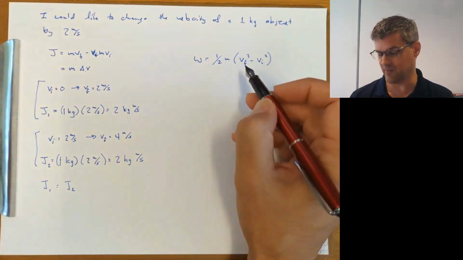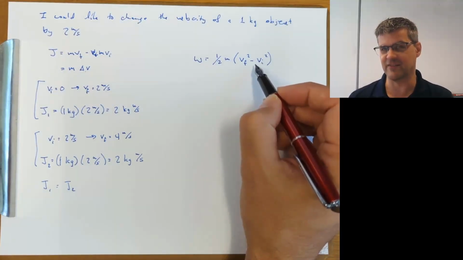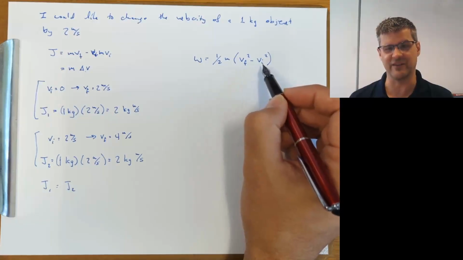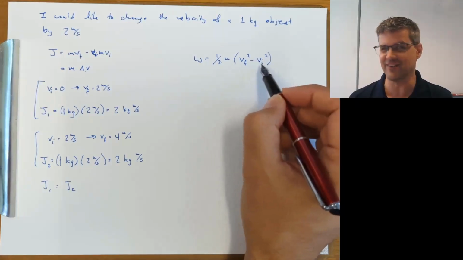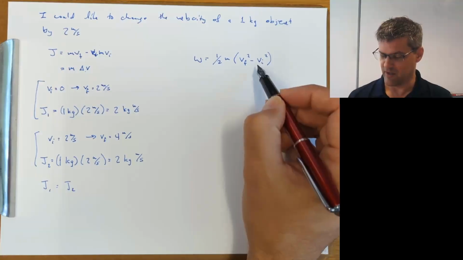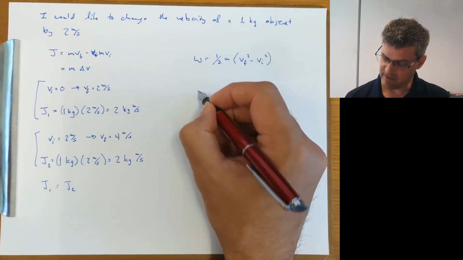And this is a related thing, but this thing is not delta v squared. Delta v squared would be (v final minus v initial) quantity squared, and this is not the same thing as delta v squared.